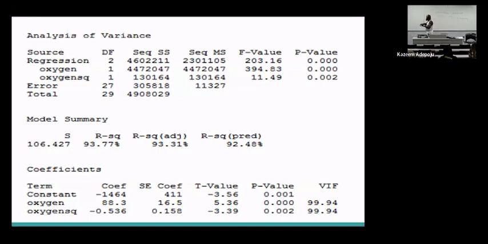Now, what do you see here? Oxygen and oxygen square. I told you the other time, of course, oxygen square depends on oxygen, right? X square depends on X. Now look at the VIF for oxygen and oxygen square, 99.94, which is far greater than 5. I told you, VIF greater than 5 means there is multicollinearity.